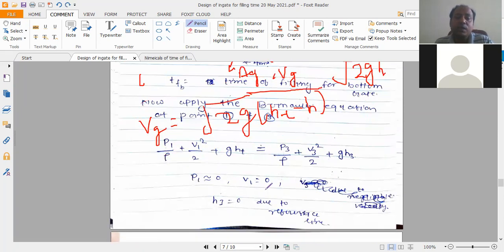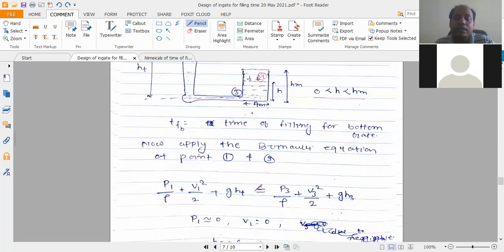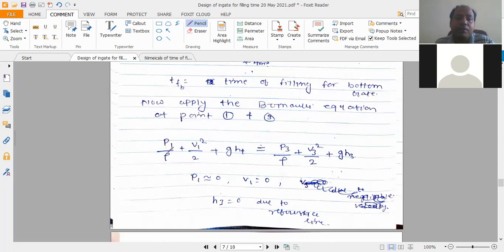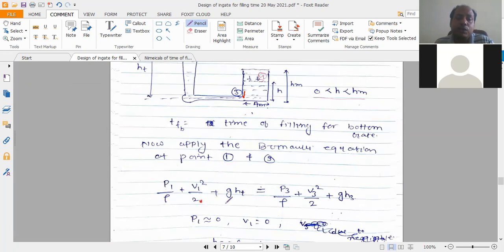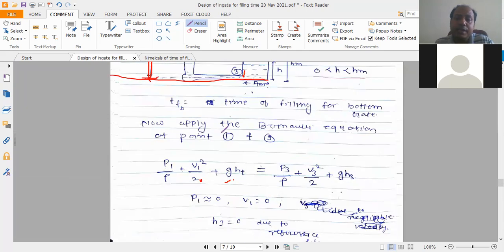You can also determine this Vg by Bernoulli's equation. First you have to apply Bernoulli's equation at points 1 and 3. Then p1 by rho g plus v1 squared by 2g plus the height, because this one is the reference line. So this height will be the total head at point 1.